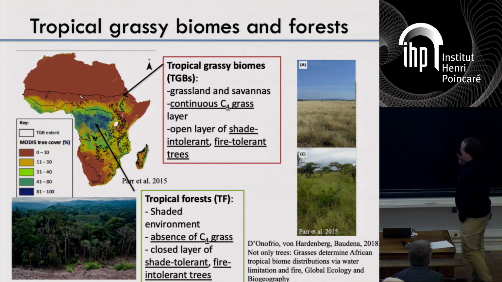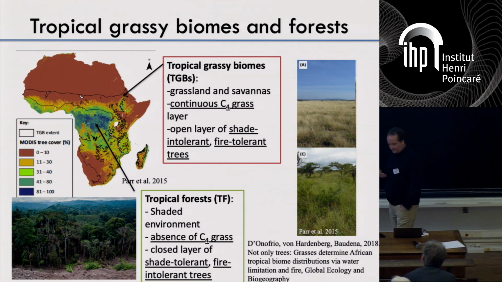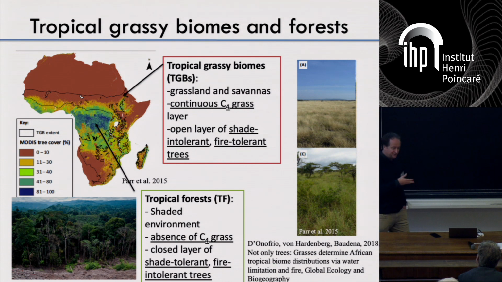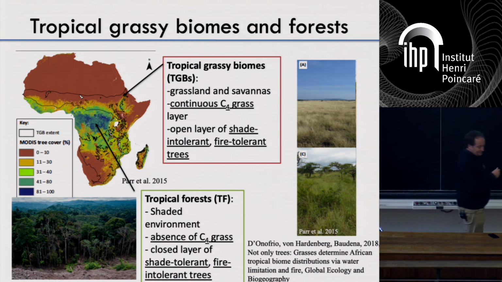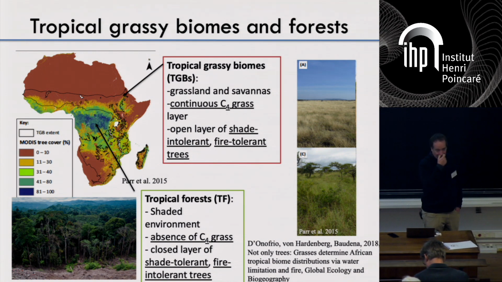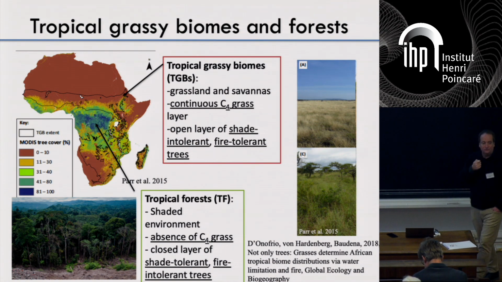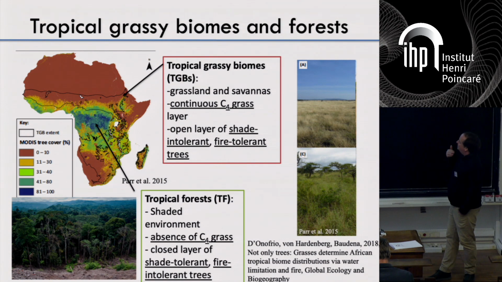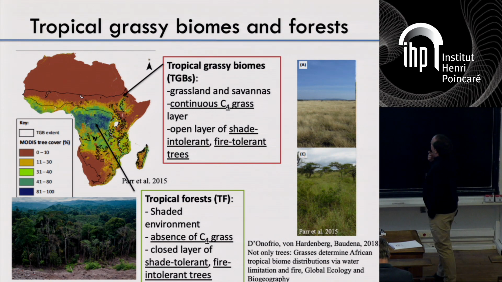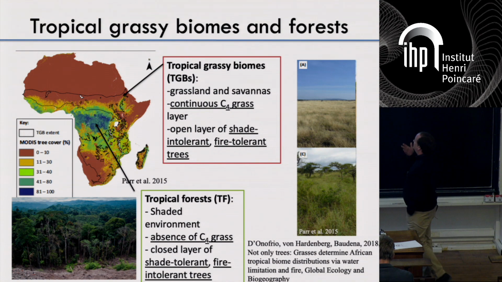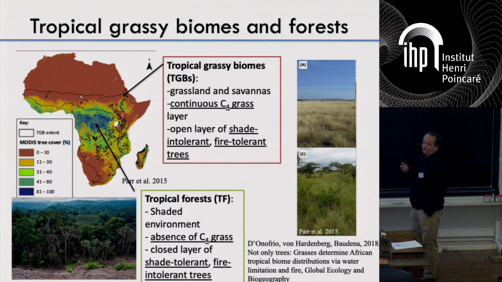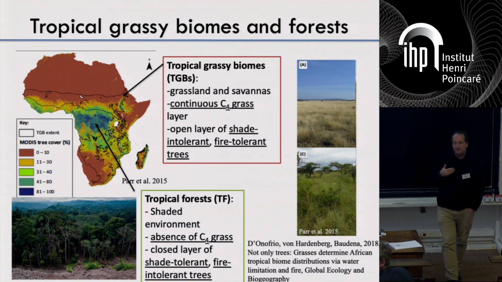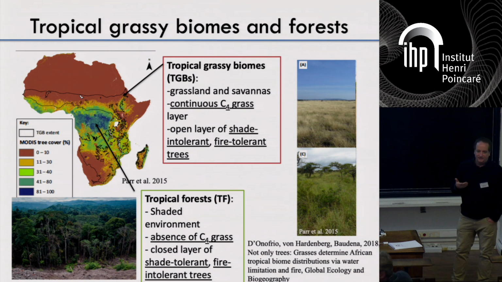On one hand, you have a system which is characterized by a combination of grass and trees. And the point is that both the grass and the trees are shade intolerant. They do not like to have a closed canopy above them. And the trees in these areas are fire tolerant, so they will survive fire events.